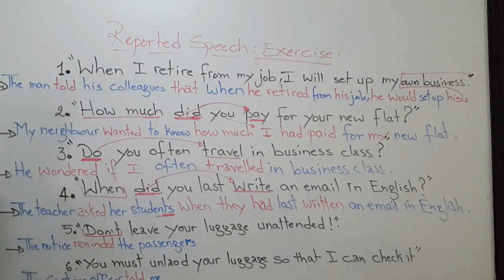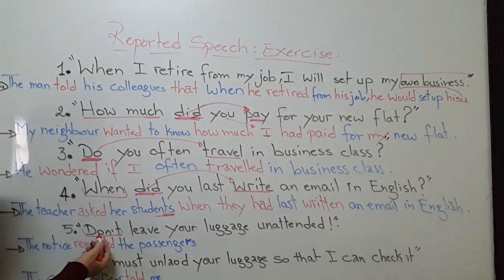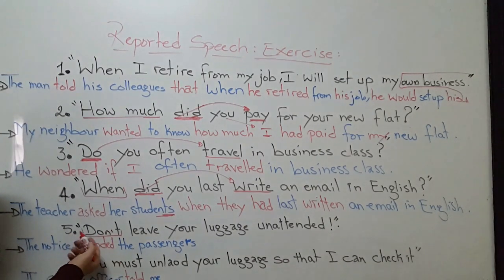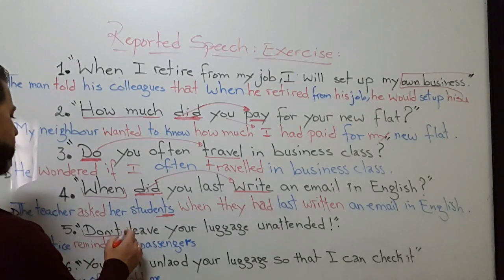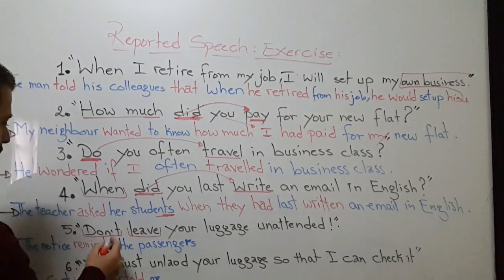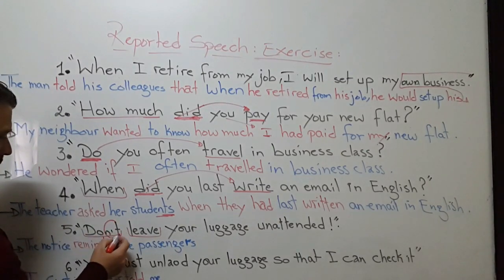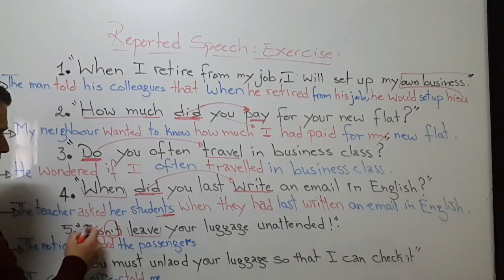If you still remember, the rule of negative command is not to plus infinitive. So here we have don't or didn't or do or whatever, we go directly to the verb. What is the verb here? It is leave.